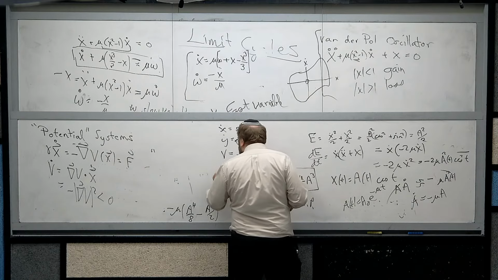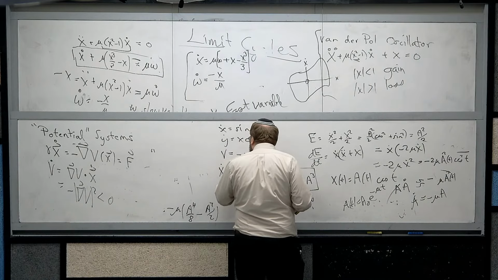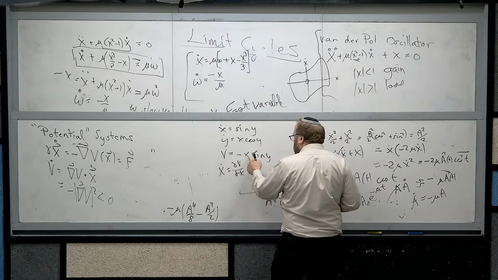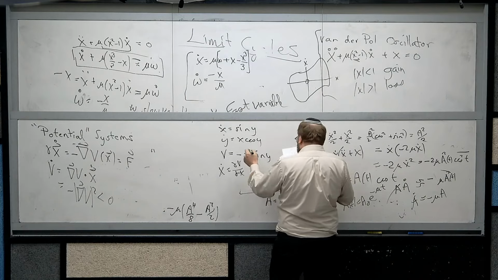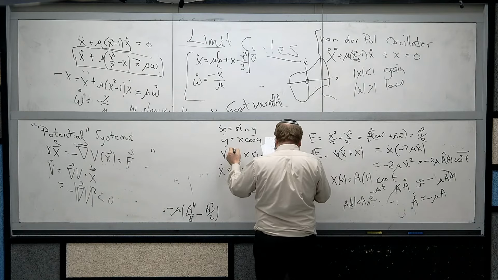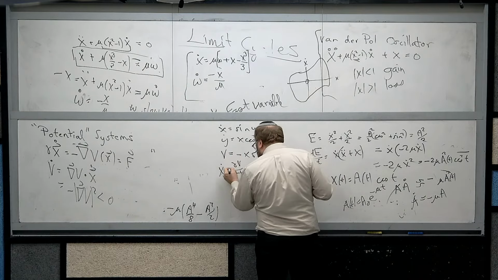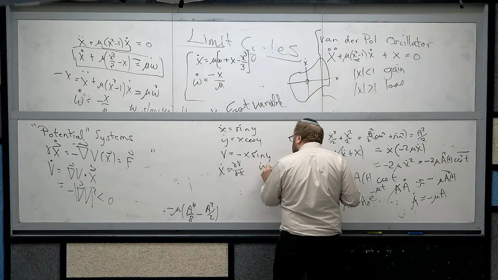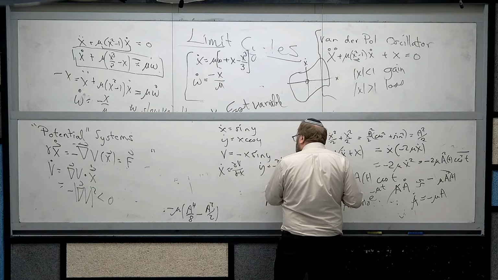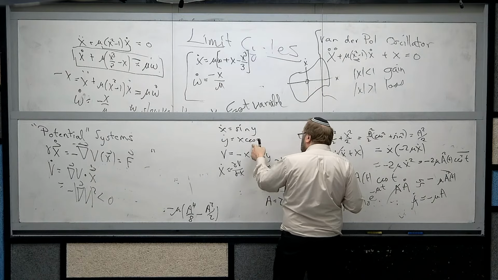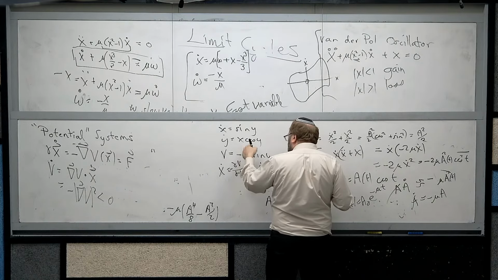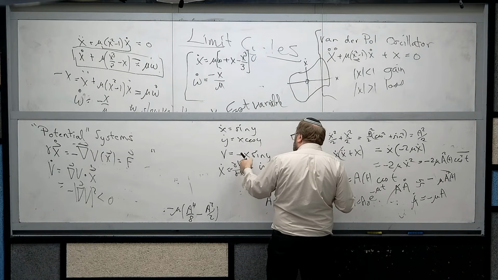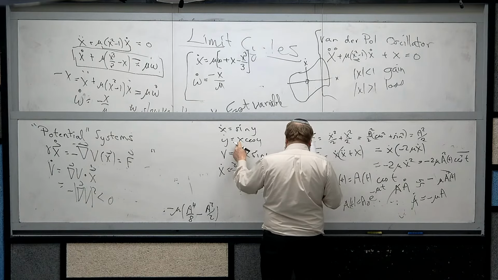And then you see that x dot is minus dV/dx, and y dot is minus dV/dy. Because dV/dy is minus x cosine y, you get y dot equals x cosine y, so that's correct.